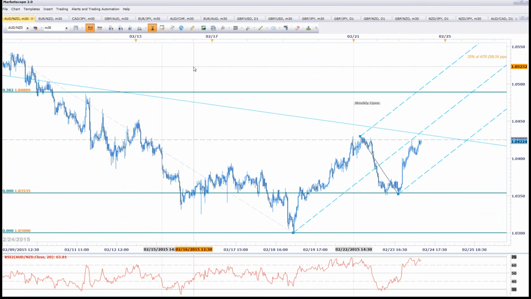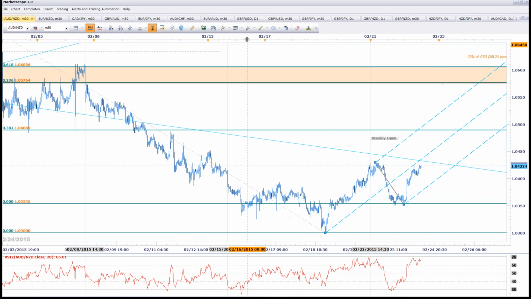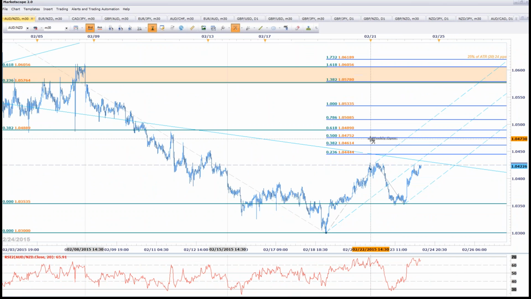Adrius, does that help? On Aussie Kiwi, that's sort of the game plan we'll be working with near term. And one more thing. Let's just tack on the extension real quick, see if this offers anything.